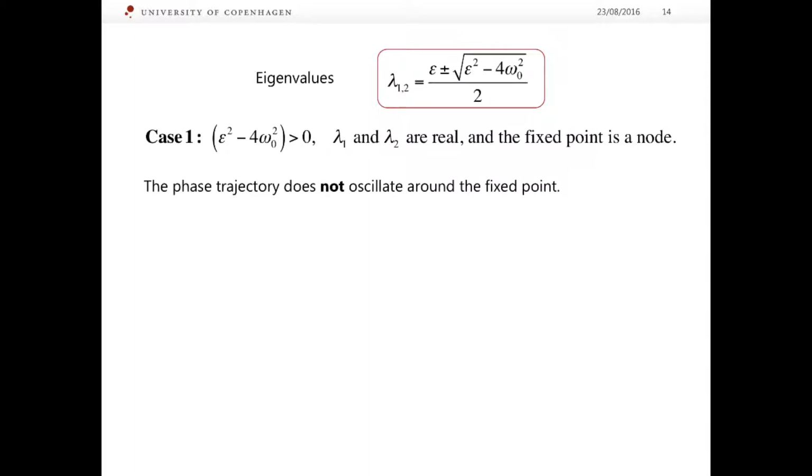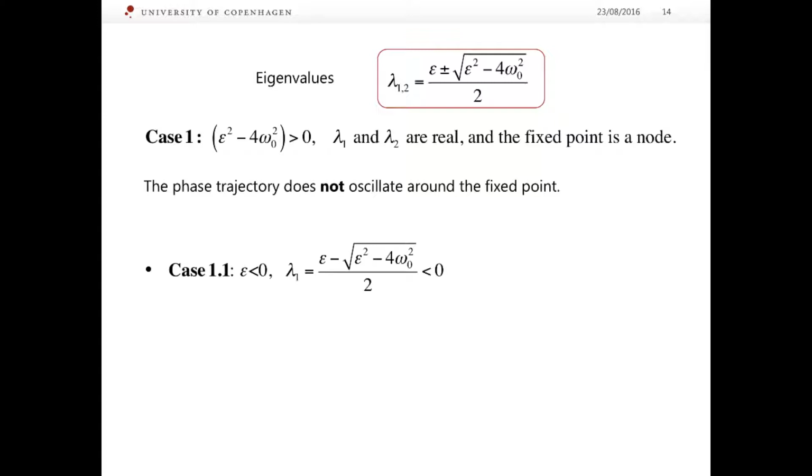If it is a node, it means that the phase trajectory that starts near the fixed point does not oscillate, and it will not be spiraling around the fixed point, so it will be going towards the fixed point or away from it in a non-oscillating manner. Consider the first subcase.